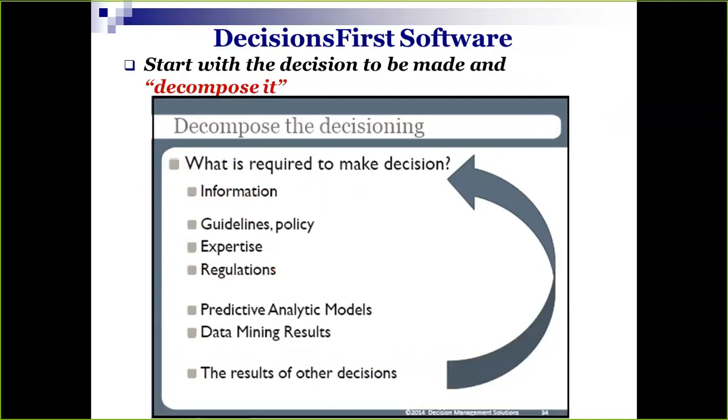We have people with certain levels of expertise that may or may not be documented throughout the organization. Tacit knowledge, as we call it. We have regulations. We use models. Certainly, we use analytics models in this program because that's what we're premising our whole basis on, that analytics models can help you improve the process. We may use some data mining results. We may link decisions together, etc.